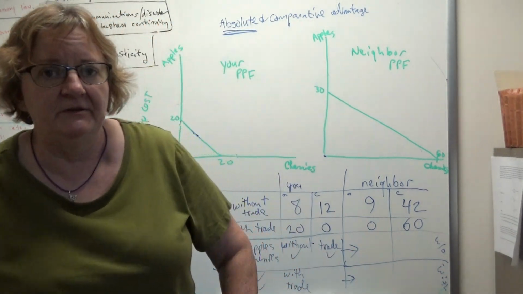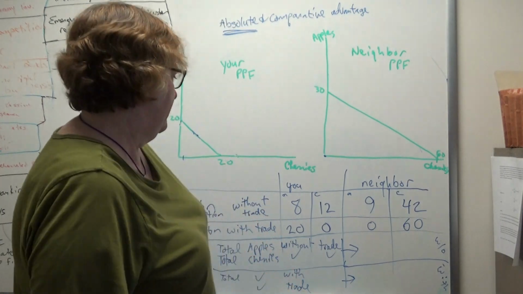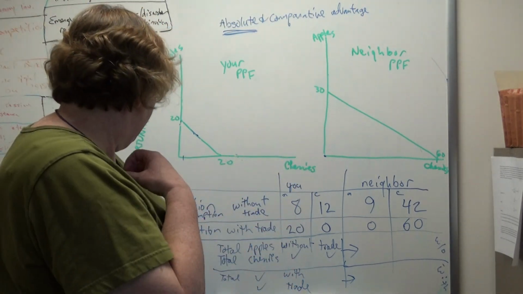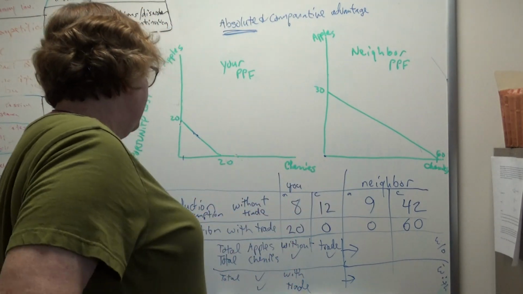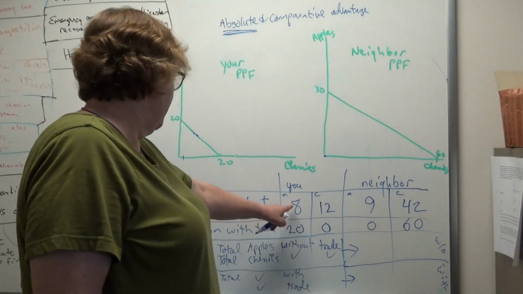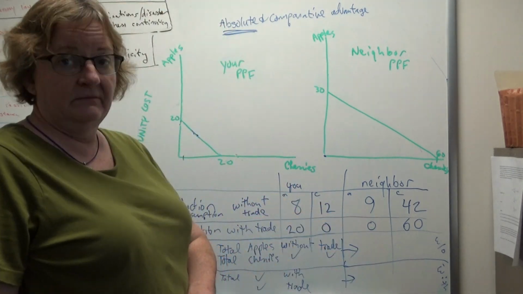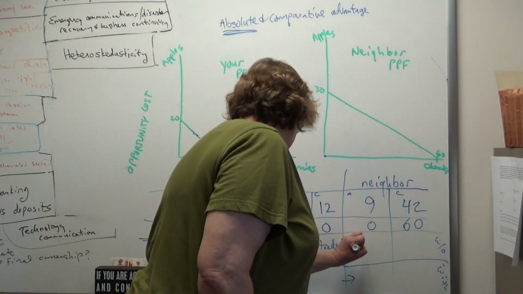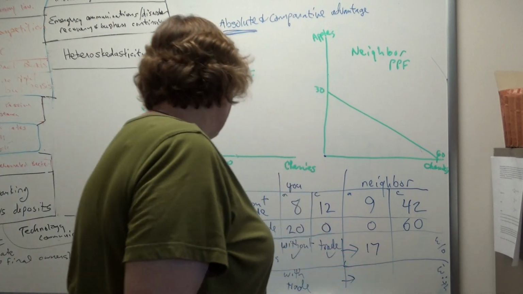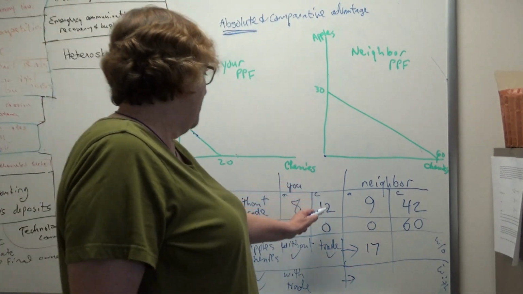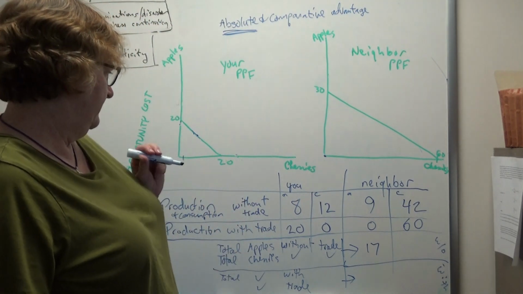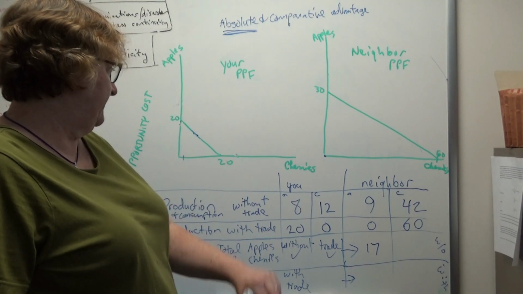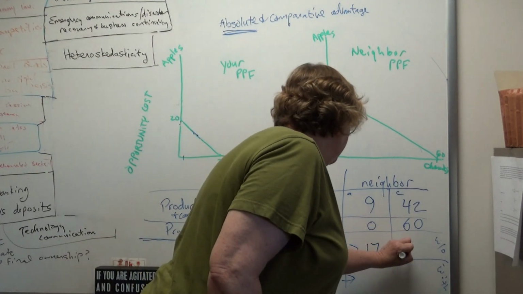I've given up on trying to do it the way the book's doing it. This works. Total apples without trade. Well, without trade it was 8 and 9, 17, right? And cherries, it would be 12 and 42, which is 54, right?